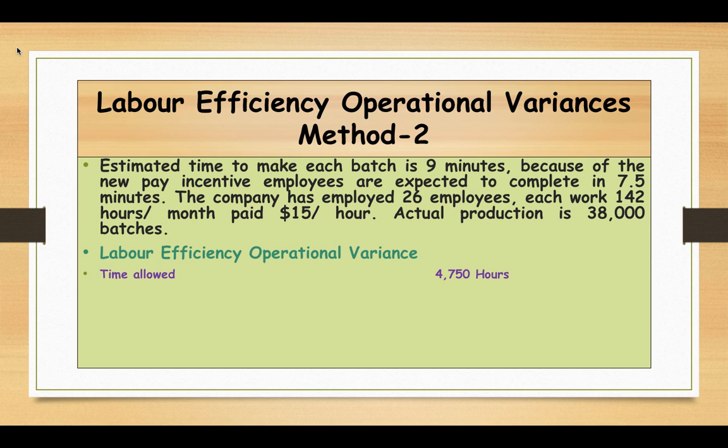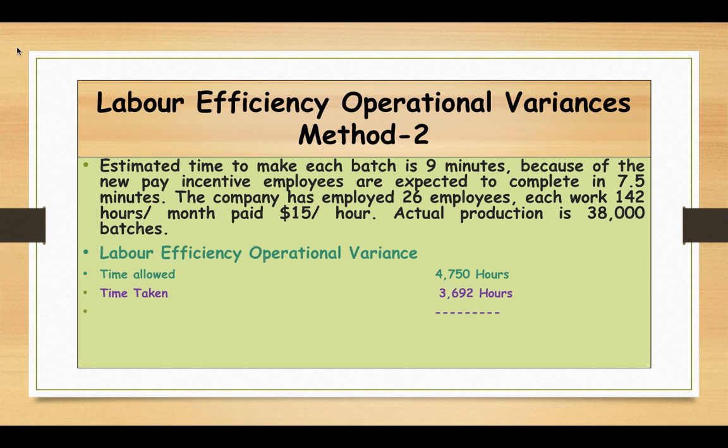Okay, we know the efficiency variance. We need to compare the time allowed and the time taken. So the time allowed here is 38,000 times, remember we must take the revised time because this is the operational variance. 7.5 minutes divided by 60, so we get 4,750 hours.